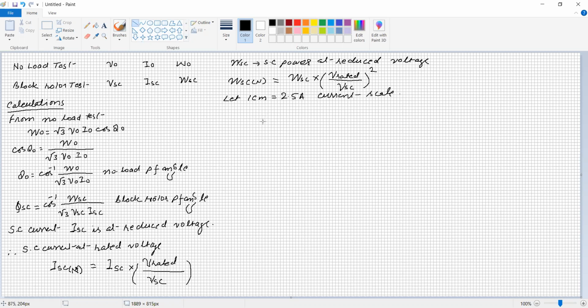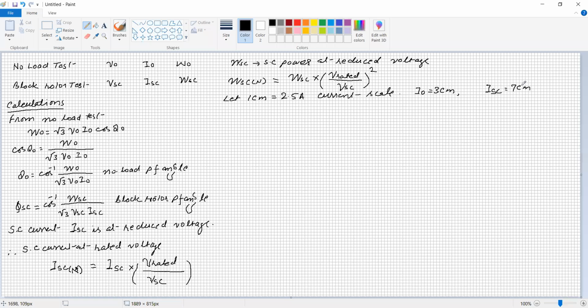First of all, what would be the short circuit current? For example, if I0 is 7.5 ampere, then I0 is equal to 3 centimeter. Similarly, if the current is say 21 ampere, then ISC is equal to some 7 centimeter.